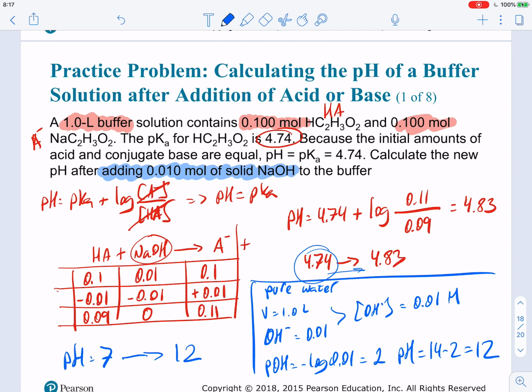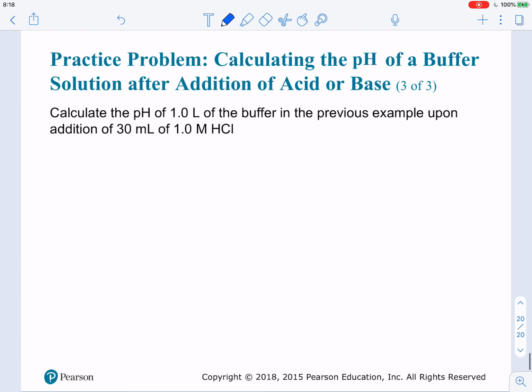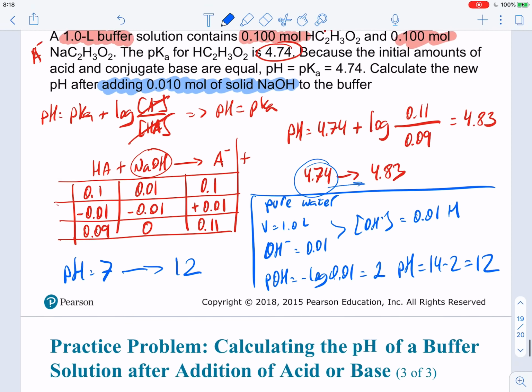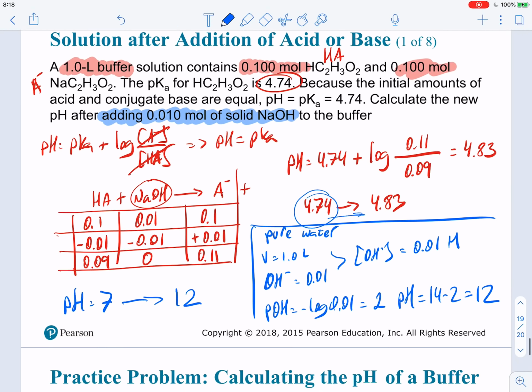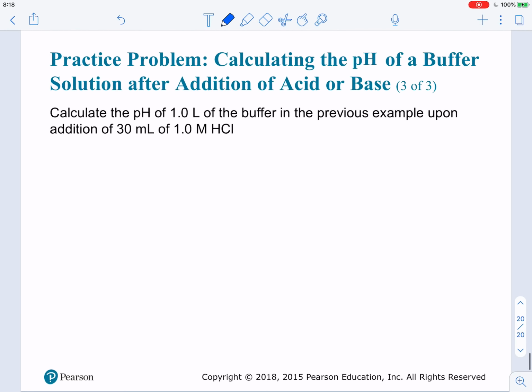So what if we have the same example? It's 1 liter, you have 0.1 moles of the acid and 0.1 moles of the base. But in this case, we're adding acid. But we are not giving you the amount of acid in moles, and instead adding 30 milliliters of 1 molar HCl.